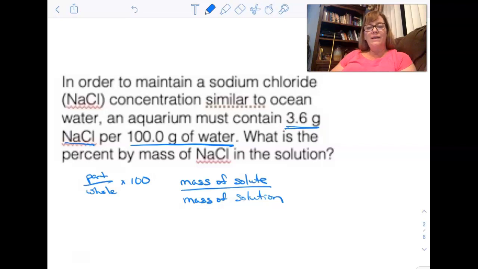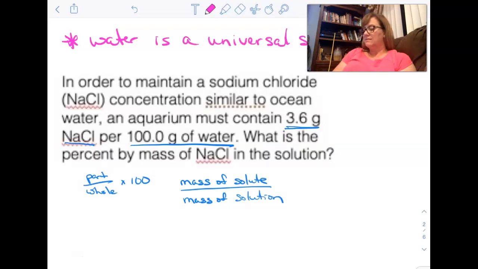So what is your solute? Is it the salt or is it the water? Well, one thing to keep in mind, always, always, always, water is a universal solvent, right?